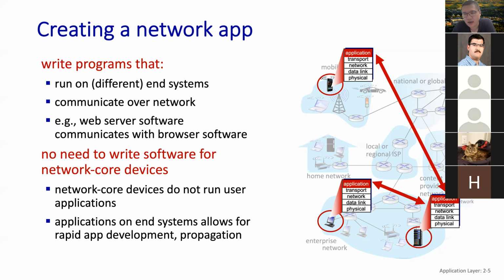Just as we explained before, applications send the packet to the transport layer, network layer, data link layer, physical layer, and so on and so forth, right? But we only need to program our applications at the application layer, okay? And we will talk about how applications will communicate with each other, for example, through the socket, right, and to the transport layer.